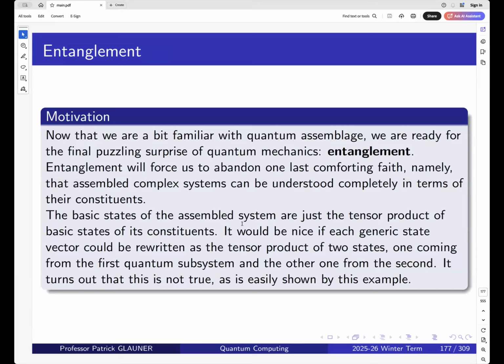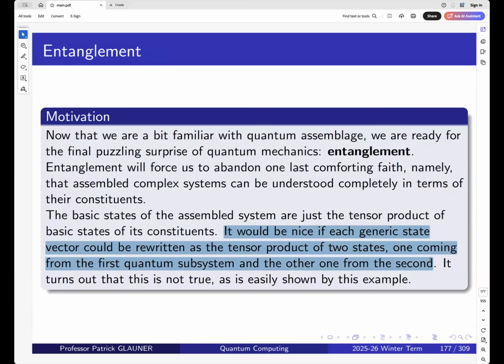Now, it would be really cool, and I'm highlighting this here, if each generic state vector could be just written as the tensor product of the two states. So one part comes from one system and the other part from the second system. And we would think that this would always be the case because we have these two systems, and that the generic state vector could simply be written under all circumstances always as the tensor product of the two states.